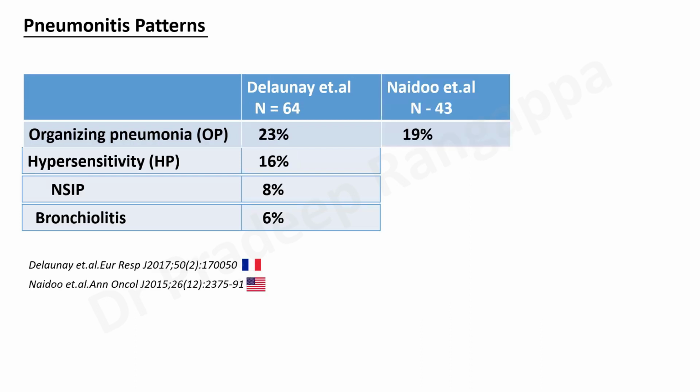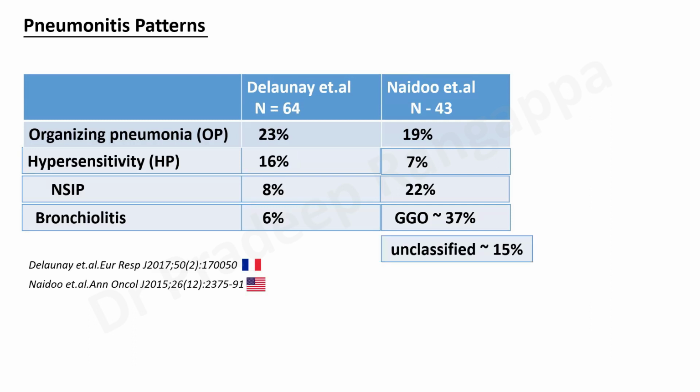This was another study from the US, Naidu et al. 19% of them had organizing pneumonia, 7% had hypersensitivity, and cryptogenic organizing or non-specific interstitial pneumonia happened in 22%. Predominantly they found ground glass opacities in 37% and unclassified in 15%. Generally, in the cancer patients that come to my ICU, ground glass is something we commonly see.